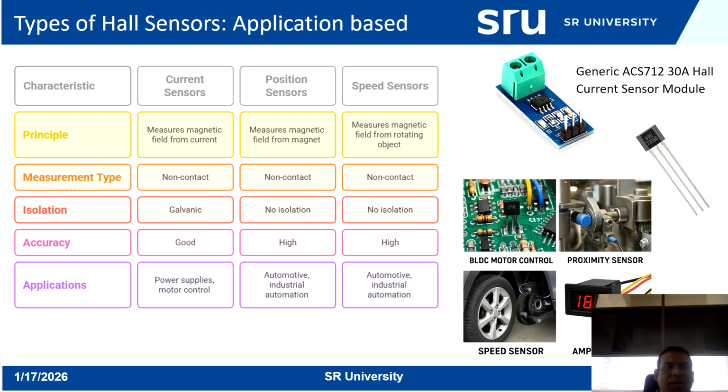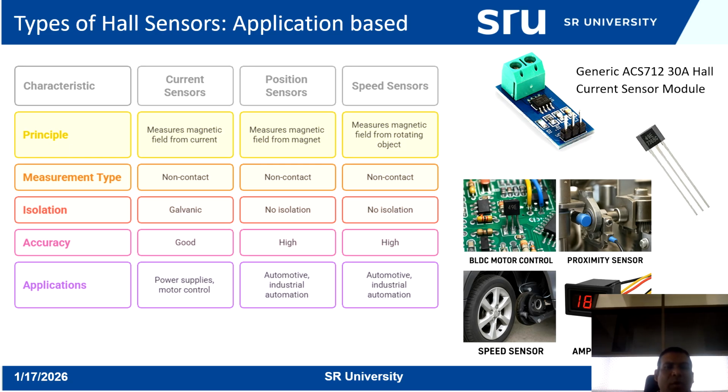It uses the magnetic field generated by the current flowing in a conductor. What are the types? There are two types. One is called open loop Hall current sensor and the second one is called closed loop Hall current sensor. The open loop Hall current sensor is very simple, fast and economical, and it measures both AC and DC current.